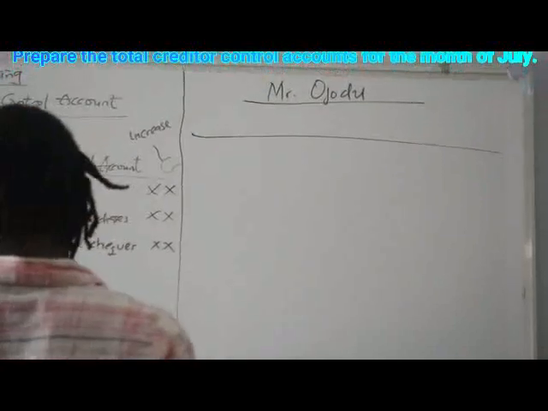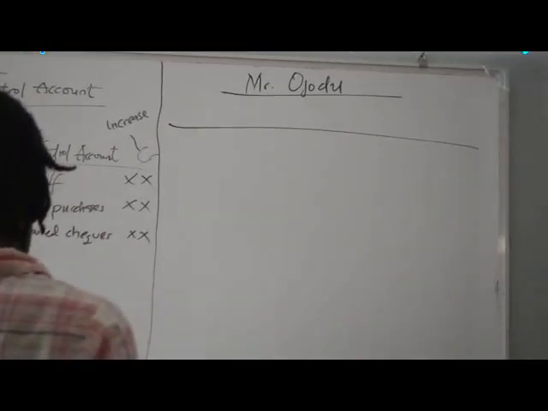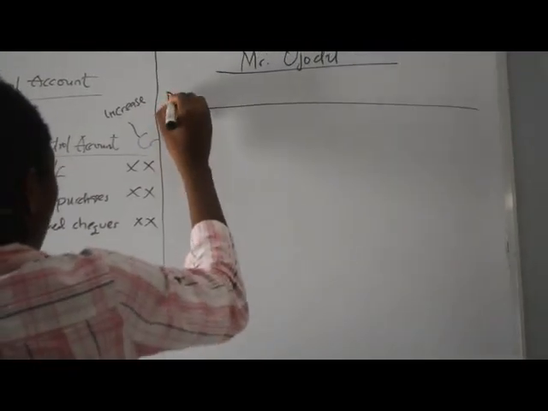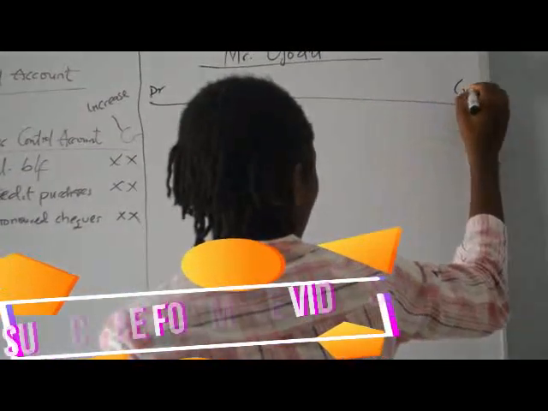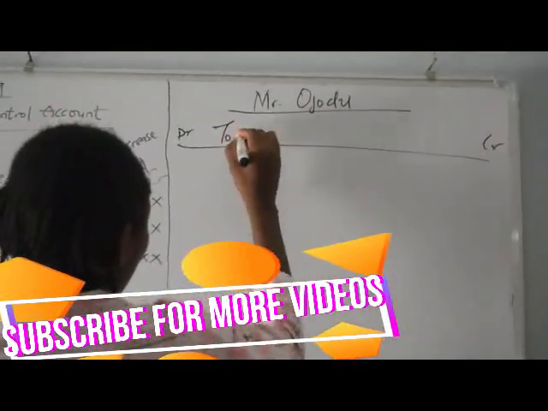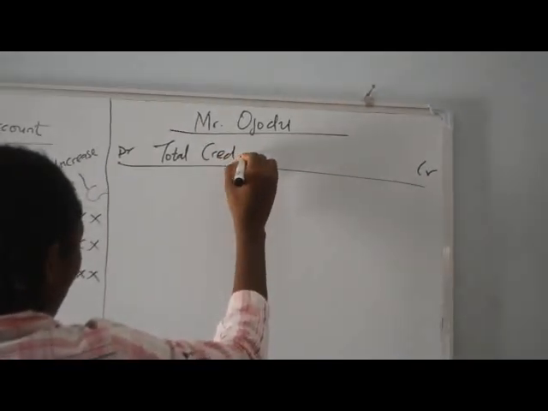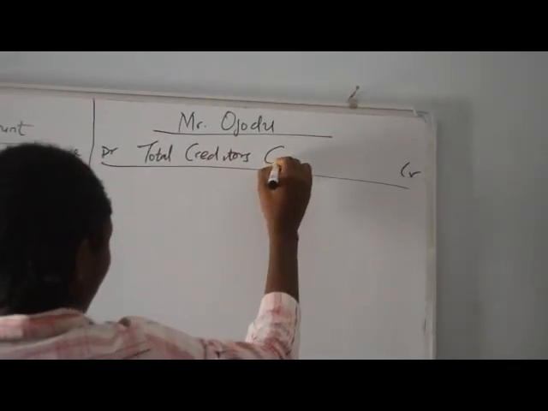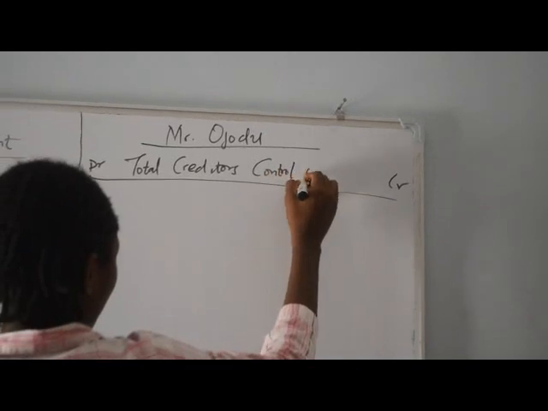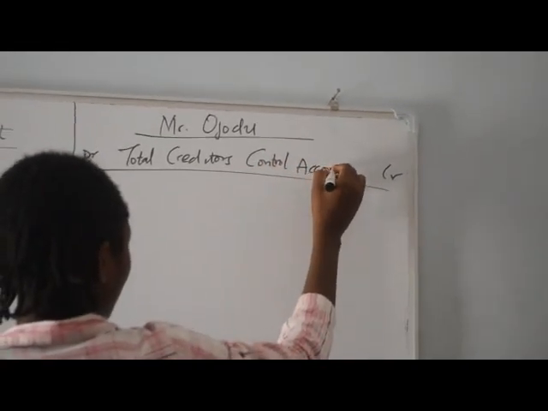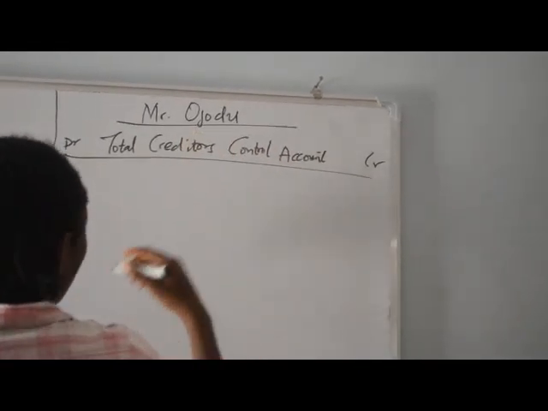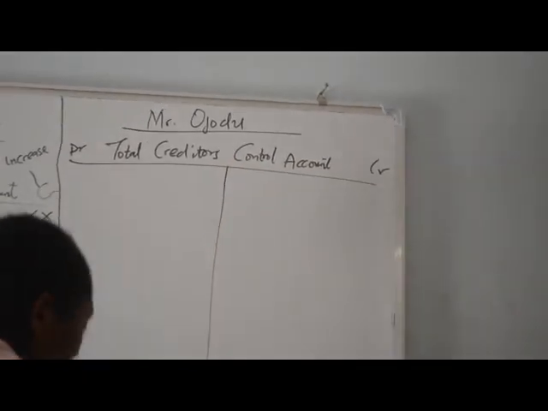This is the owner of the account, and we are preparing a total creditors control account, which is also the same thing as your purchases ledger. So we have addressed the account.